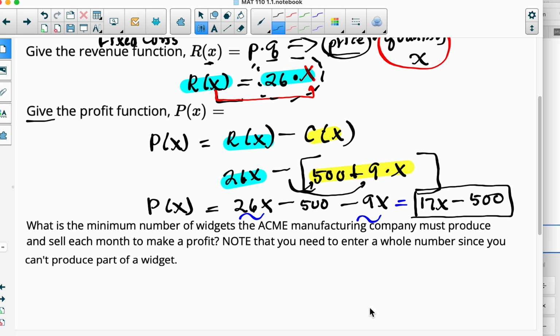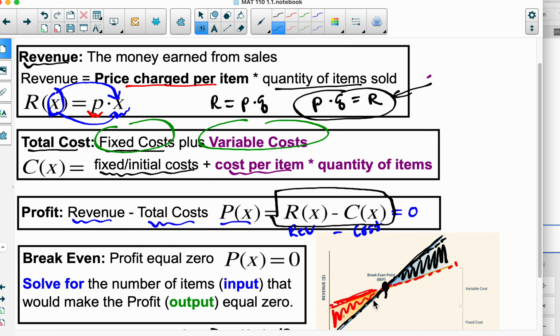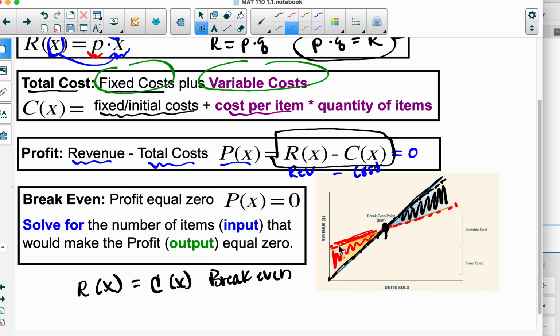That's my profit function. And then the next part says, what is the minimum number of widgets that we must produce to make a profit? So remember from the prior page, right? I usually start off where my costs are greater than my revenue. I'm in the red.